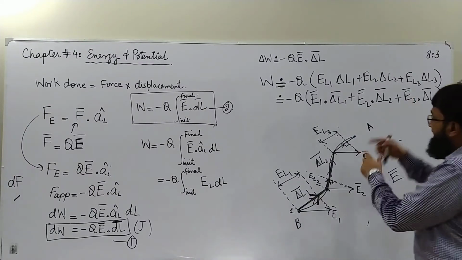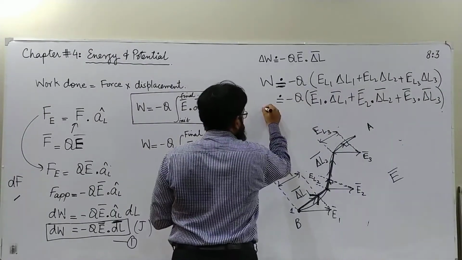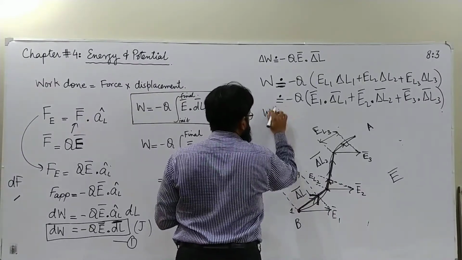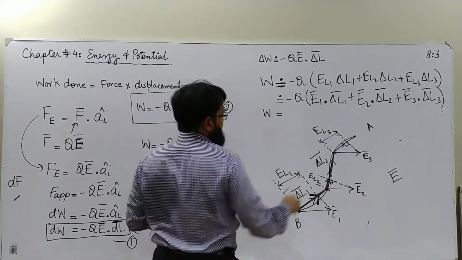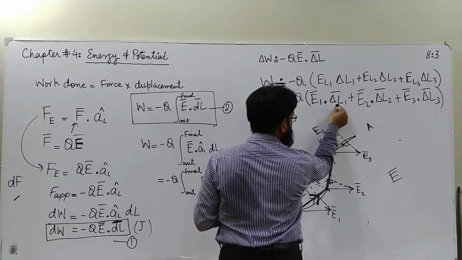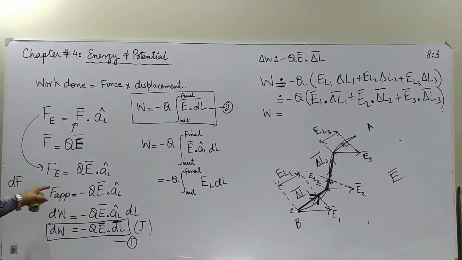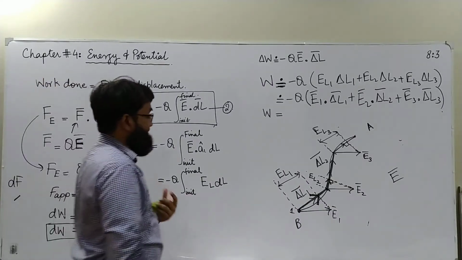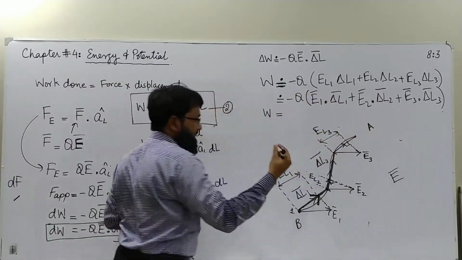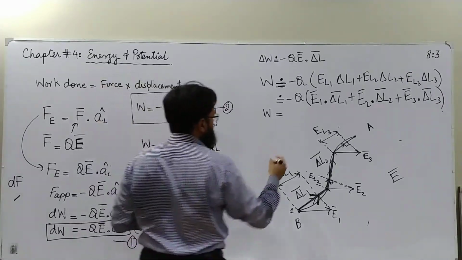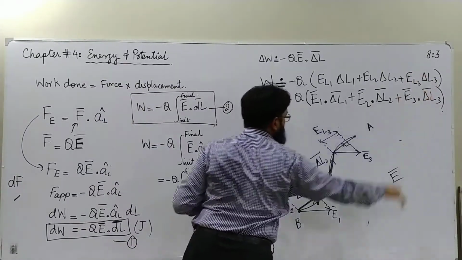Now this work done will become exactly equal, instead of almost equal, if I apply the limit that these delta L's are so small that they can be treated as differential lengths, and there is no length smaller than a differential length, so all these lengths will be the same.